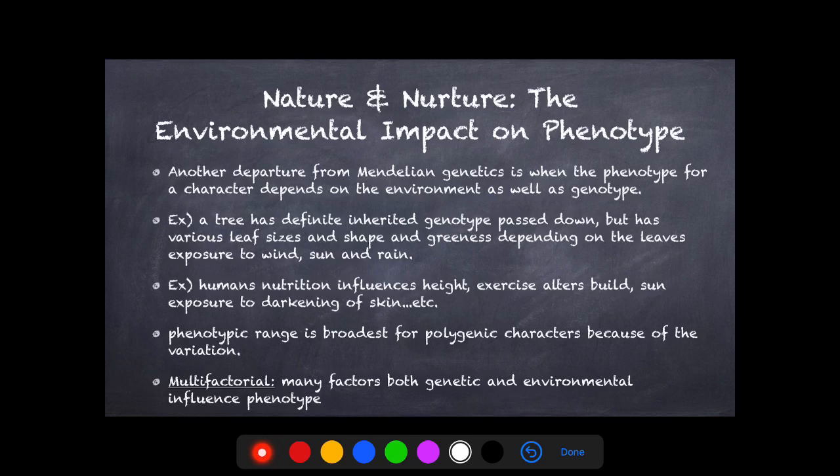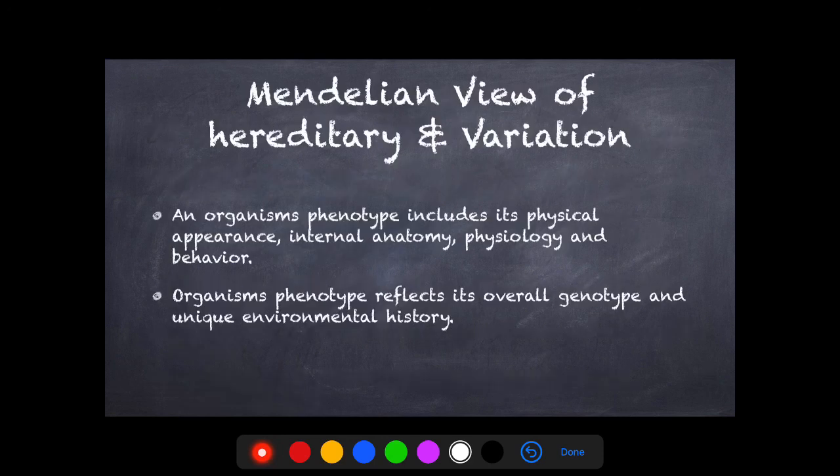So phenotypic range is going to be very broad in these polygenic characteristics because you have more variation involved. And then there's also something called multifactorial, which basically means you have many factors, both genetic in your genes and environmental, that influence how you physically look as an individual, or how an organism physically looks.